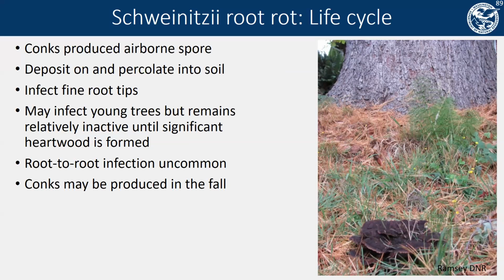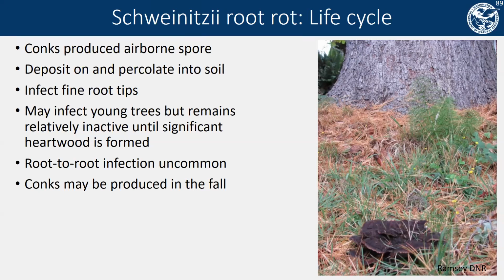Now, root-to-root infection from an infected tree to a neighboring tree is uncommon, and that explains the fact that Schweinitzii is found scattered throughout a forest and not clumped together like some of the other root rots we talked about. And then any material that has significant decay could result in some conks being produced in the fall that complete this life cycle.